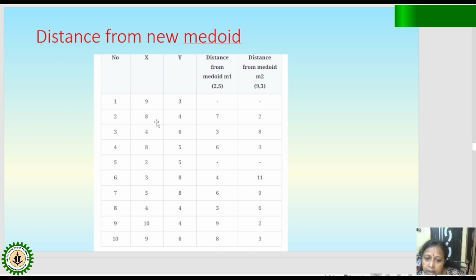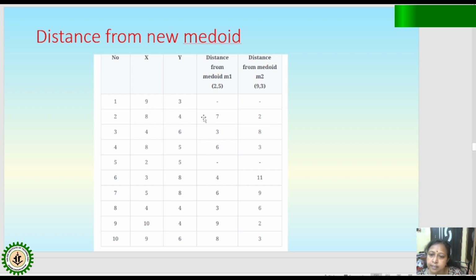Our existing medoid 9, 3 is there and we have just taken the new medoid, that is 2, 5.